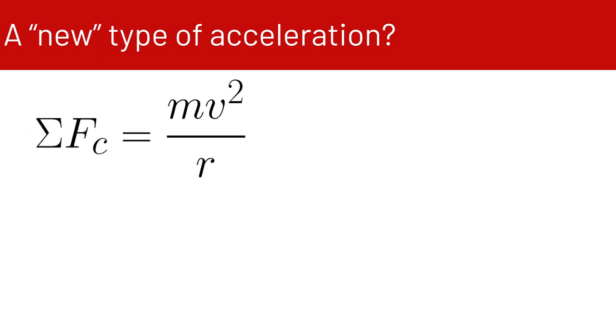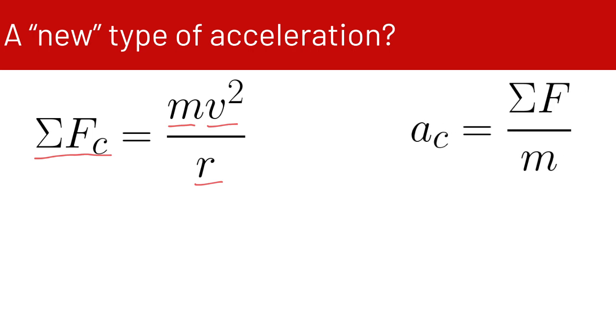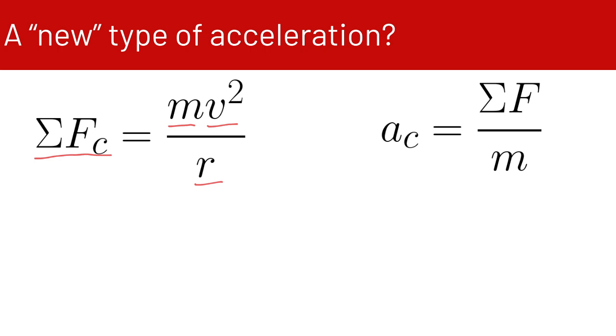Okay, so now we have our equation for centripetal force. Now we can look at a new type of acceleration. So we have the sum of centripetal forces is, again, mass times velocity squared divided by the radius. If we solve this equation for acceleration, remember that Newton's second law says that F is equal to ma.